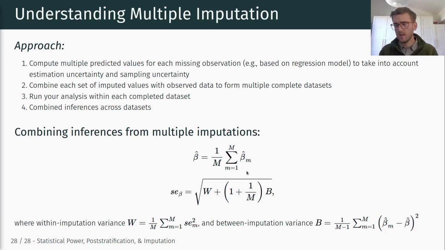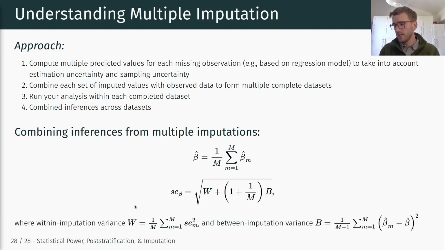Okay. But the key question is, how do we characterize the uncertainty around those estimates? In order to characterize that uncertainty, we need to take into account both the within imputation variance and the between imputation variance. So in other words, for each one of those 5 models, we have a standard error within that data set for our estimates. But we also have between imputation variance in terms of the point estimates for each of those imputed data sets.